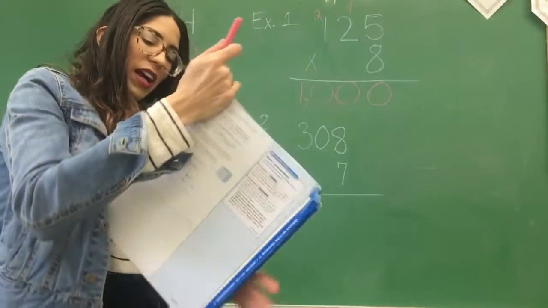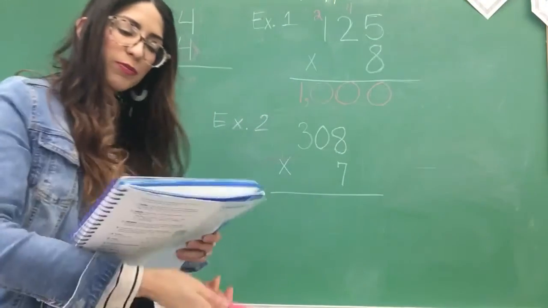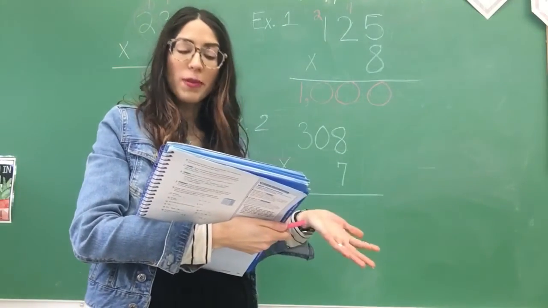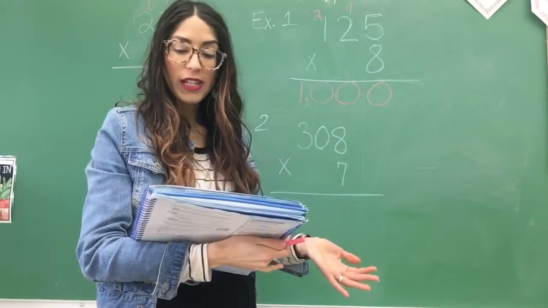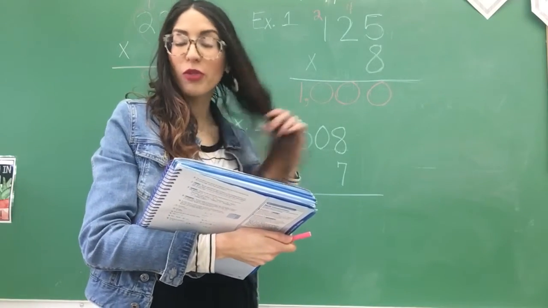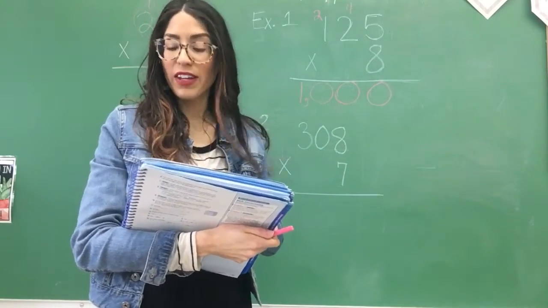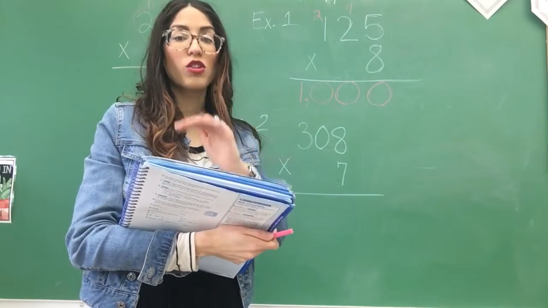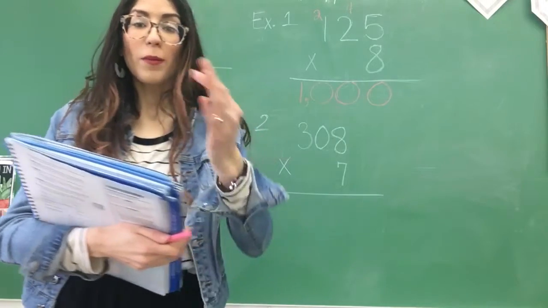Next example, example number 2. Let's go ahead and read that together as well. Here we go. Chad compared the full penny jar with a jar that had 300 pennies. He thought the full jar had 7 times as many pennies. So he multiplied 308 by 7 to estimate the total. What was the product? We already know what product is. Product is what?